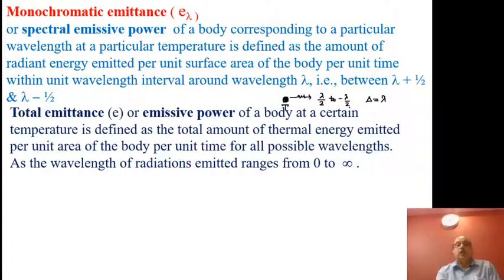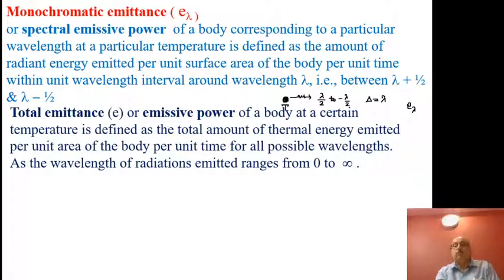The total emittance or emissive power of the body at a certain temperature is defined as the total amount of thermal energy emitted per unit area per unit time for all the possible wavelengths. Now if we consider this wavelength from lambda plus half to lambda minus half, then it is represented by the monochromatic emission E lambda, that is, spectral emissive power.